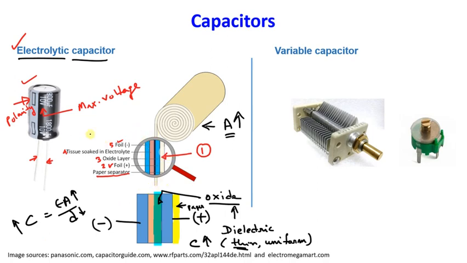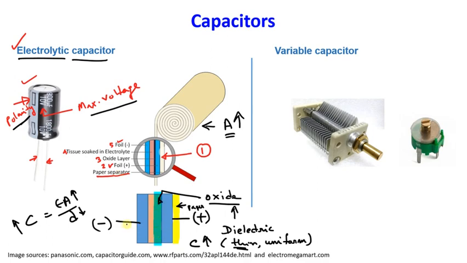For this electrolytic capacitor, the thin oxide dielectric limits the maximum voltage that can be applied across this type of capacitor, because you know this oxide is pretty thin. So if you apply more voltage than the rated voltage, then the oxide can break down, which basically can short these two terminals.